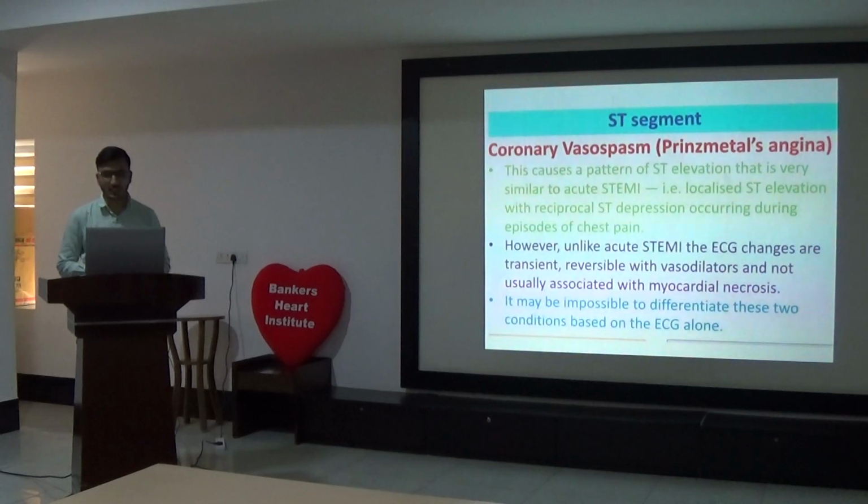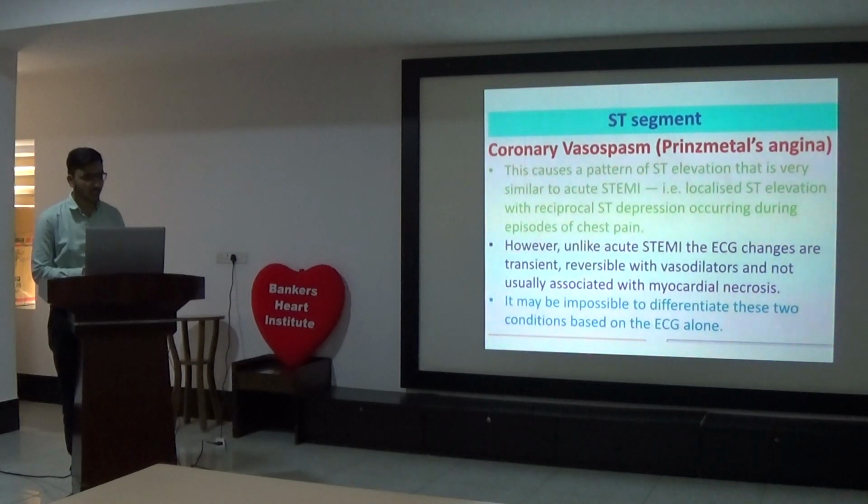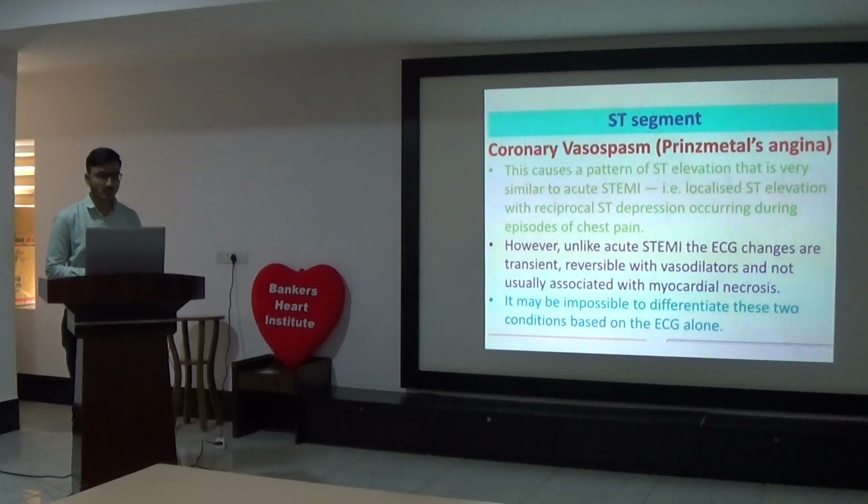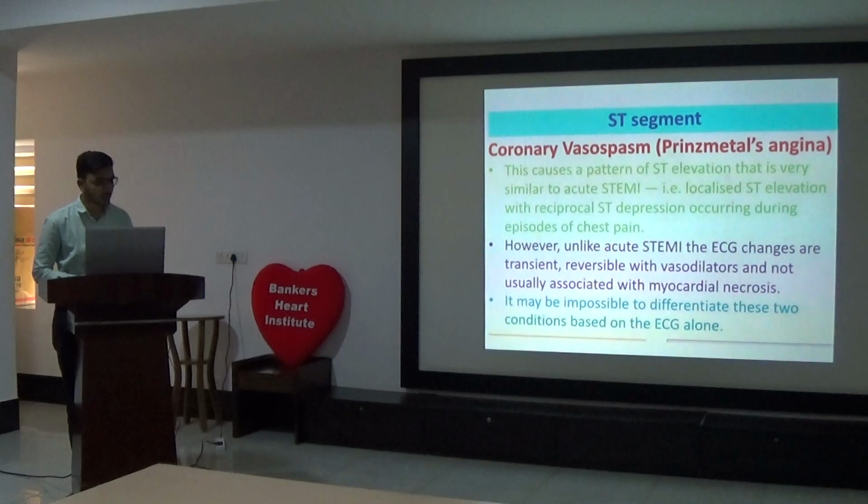The second cause is coronary vasospasm, which is also called Prinzmetal angina. This causes ST elevation similar to acute ST elevation myocardial infarction, with localized ST elevation and reciprocal ST depression during an episode of chest pain.